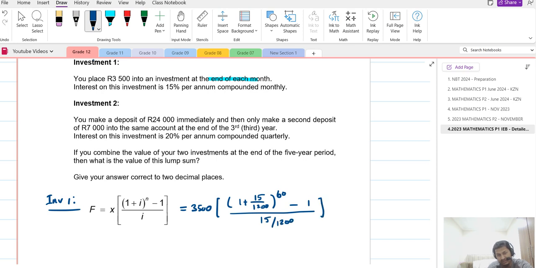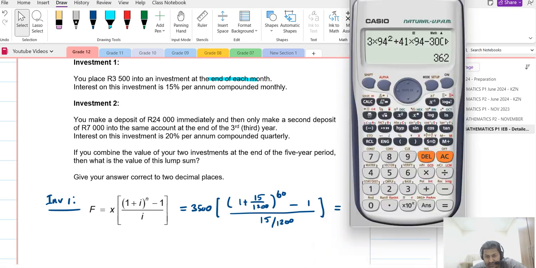Now we're going to work this answer out using our calculator. In financial maths, we must use a calculator because it's very difficult to work out those values.